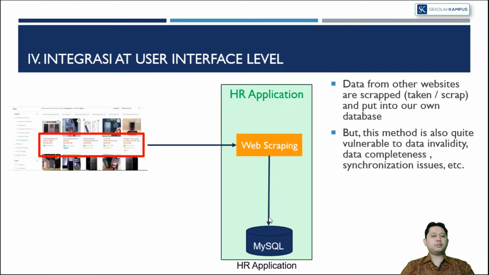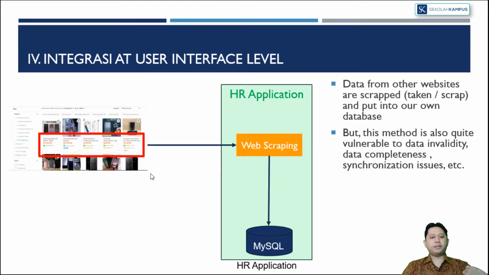But this method is also quite vulnerable because of data invalidity, maybe because the data has a period, or also data completeness. We know that an e-commerce website may only display its information page by page.